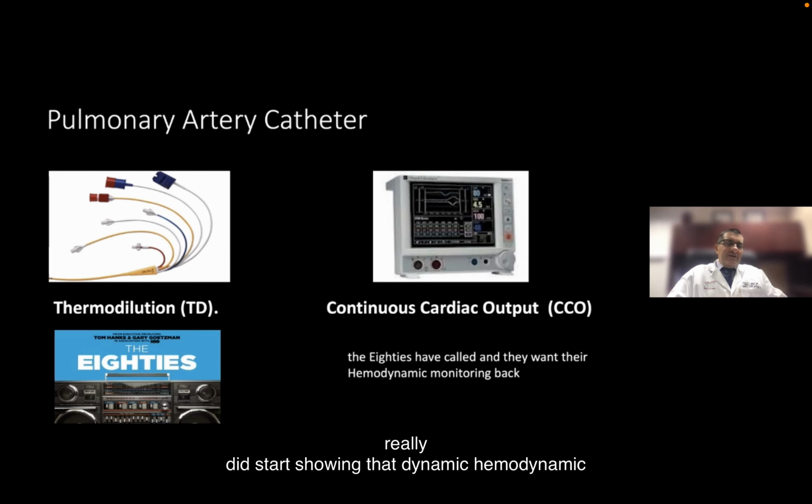showing that hemodynamic measurements were extremely important. And that understanding your therapies by giving a therapy and understanding how your therapy changes actually benefits the patient other than just looking at the numbers every 6 hours.